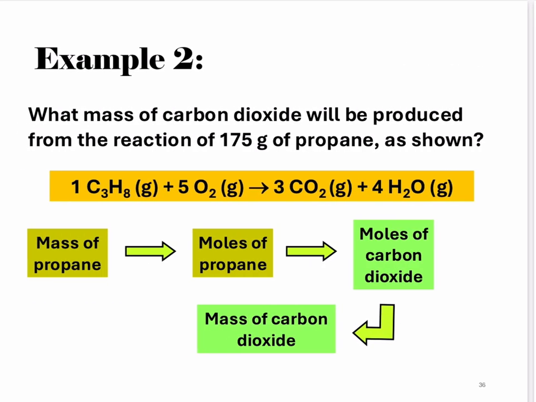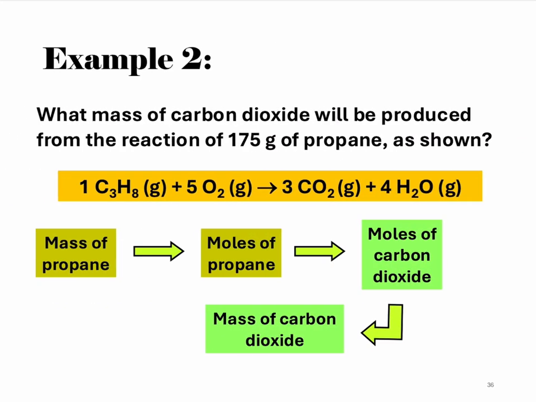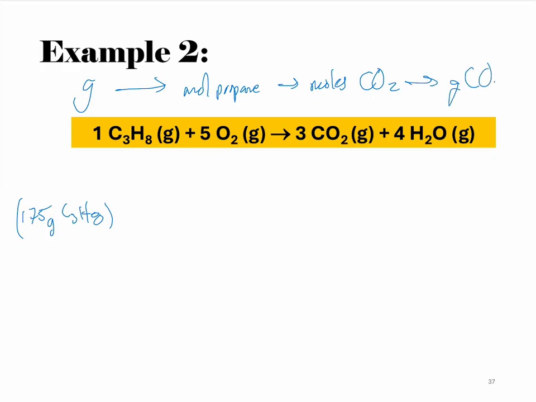Okay, so we're starting again with mass of propane, which was 175 grams of C3H8. First, we convert grams to moles of propane. Then we go to moles of CO2, and then we go to grams of CO2, right?